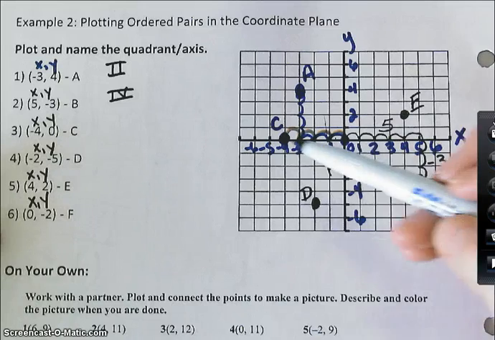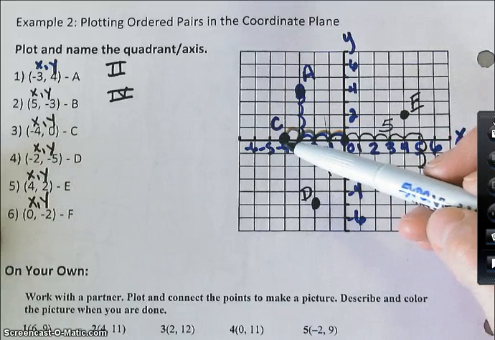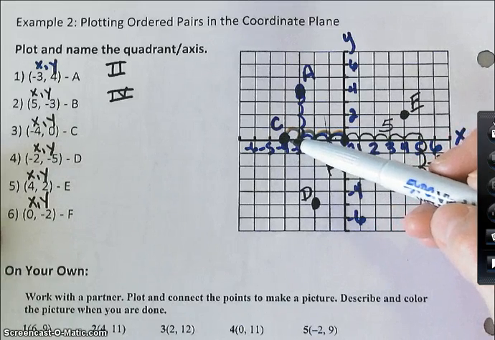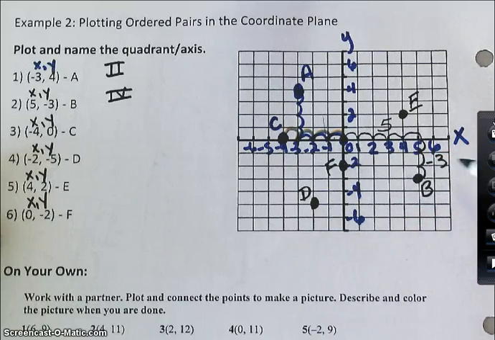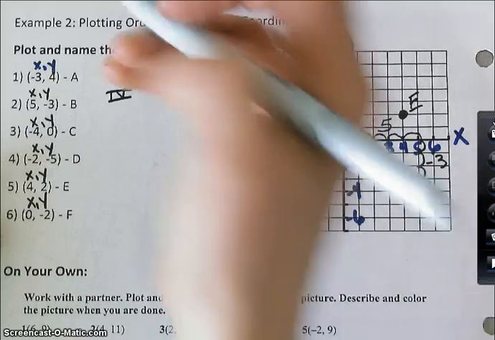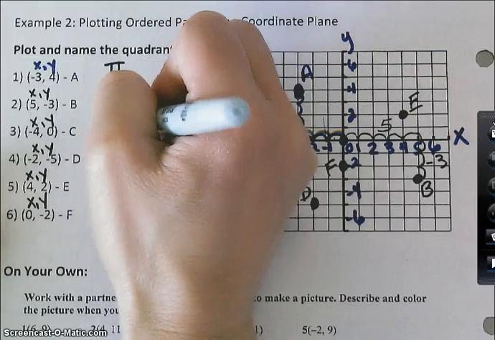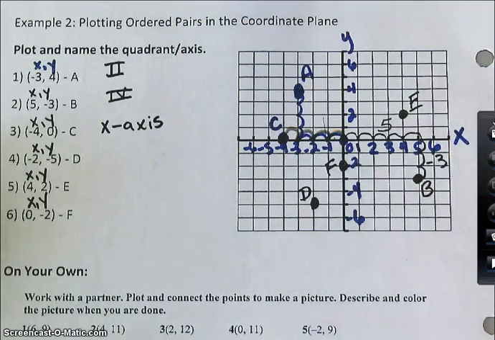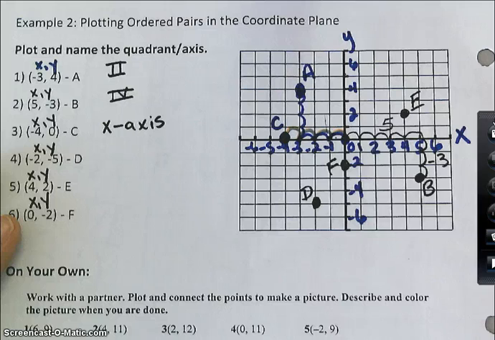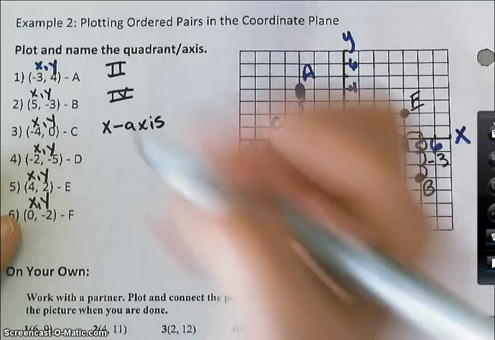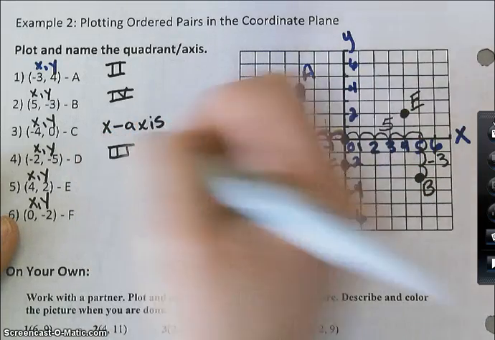C, he's right here. He's right on the axis. Well, which axis is he on? He's on the horizontal one, which is our x. So he's on the x-axis. And then number 4, which is D, he lives here. So we start again here. 1, 2, 3. He's in the 3rd quadrant.